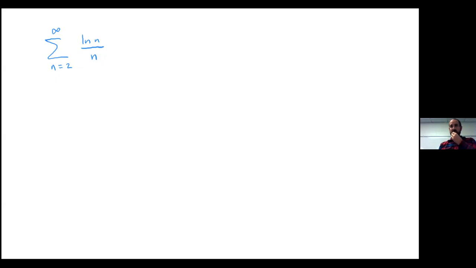And so in fact, natural log of n goes to infinity. So what you basically are saying is that logarithm of n is always bigger than or equal to 1, right? So logarithm of n over n is bigger than or equal to 1 over n, yes? So therefore, the series logarithm of n over n is bigger than or equal to the series what?